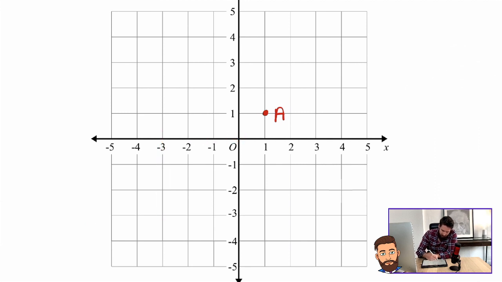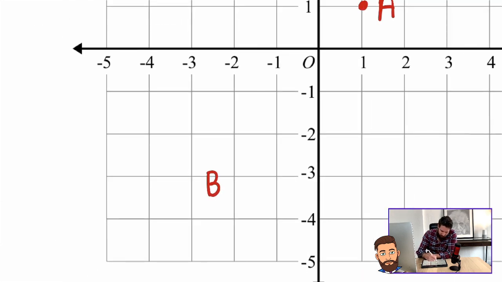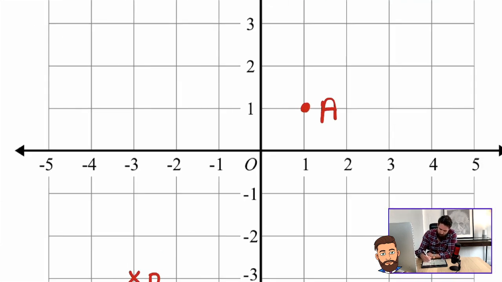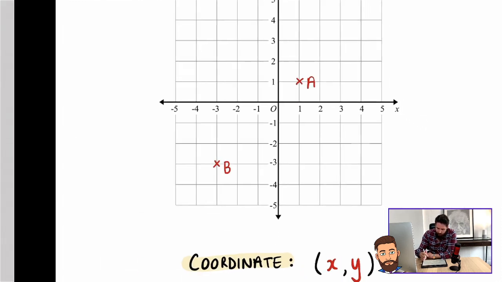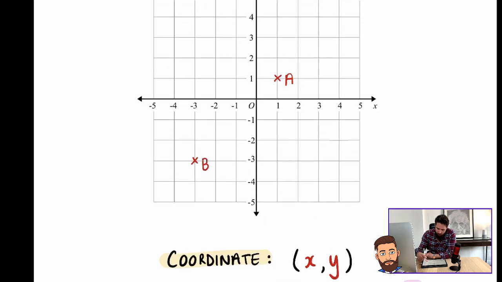So -3, -3 is this point here, and we have to label that B. You can use a cross, you don't have to use a point. A dot or a cross is the same thing, as long as you are showing where that coordinate should be, it's absolutely fine. So that would be point B.